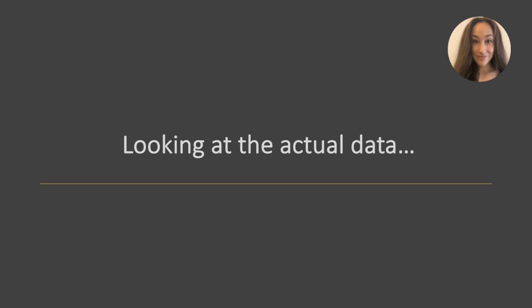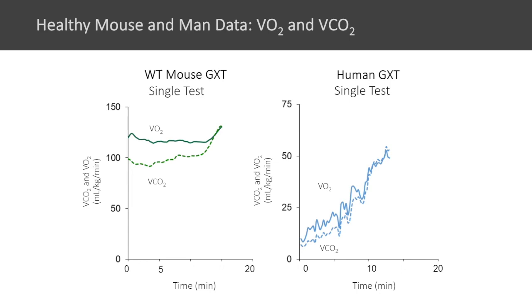That's a nice cartoon schematic, but what does it look like in real time with actual data? Right over here, just for convenience, so you can truly understand how similar some of these data look to human testing, we have plotted a single wild-type C57 mouse performing a graded maximal exercise test compared to a human test. The thick line on the top, in the mouse graph, is the VO2, and over here is the VCO2, occurring over testing time.